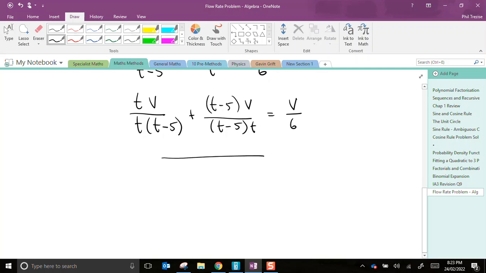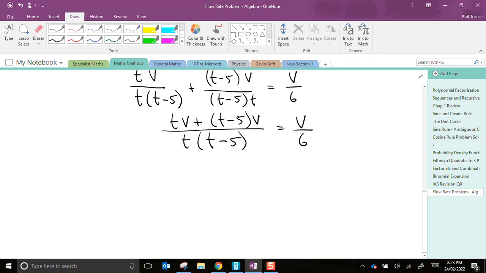Now let's write this with a common denominator. I would have T times V plus T minus 5 times V, all divided by T times T minus 5, equals V divided by 6. We're slowly getting somewhere. Let's see what we can do now.